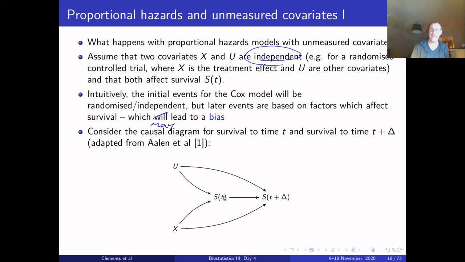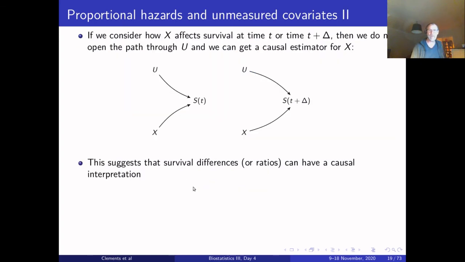And if we were to model for the hazard, then the hazard here means that S of t is associated with S of t plus delta. So this could cause problems. Now, to simplify this, if we consider how X affects survival at time t or time t plus delta, then we do not open the path through U, and we can get causal estimators for X. So there's no path here, so we actually wouldn't need to model for U here or here.